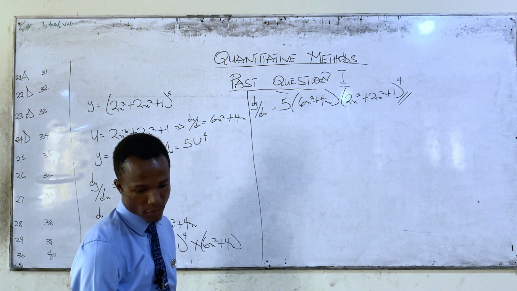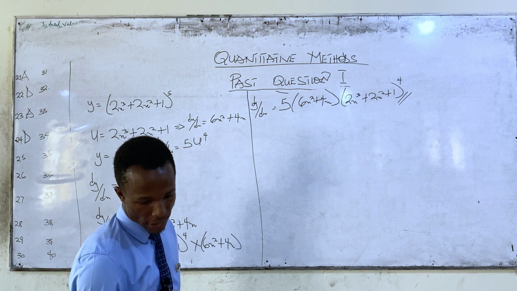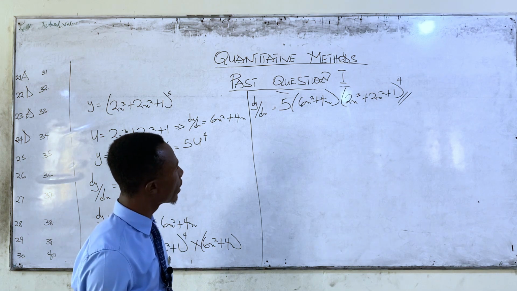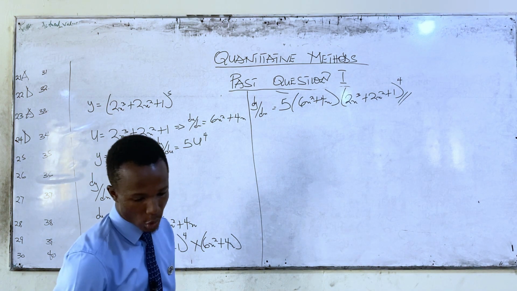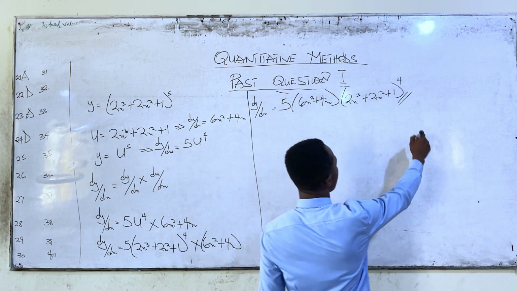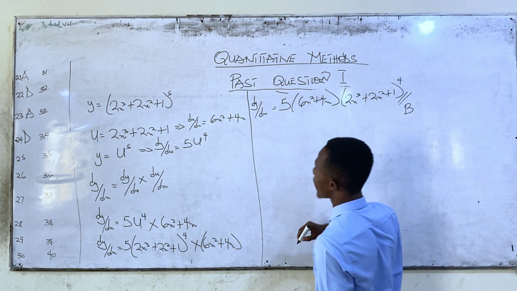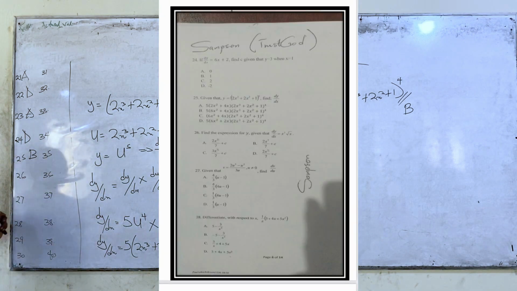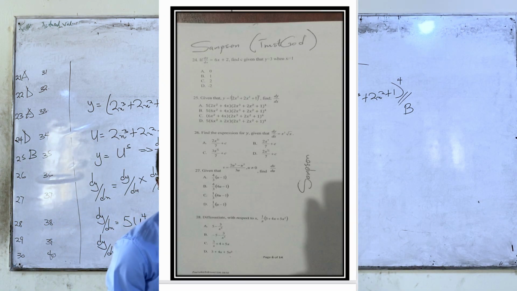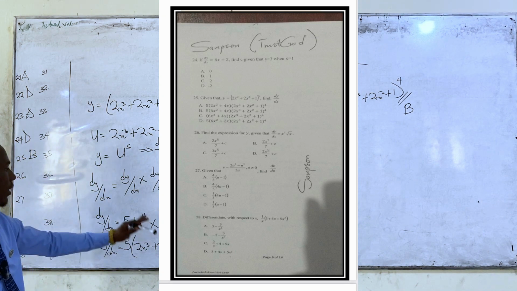So another bracket 2x cubed plus 2x squared plus 1 exponent 4. That is option B. That is option B for question number 25. Option B. Okay. So now let's look at question 26. But question 25, this is the chain rule.